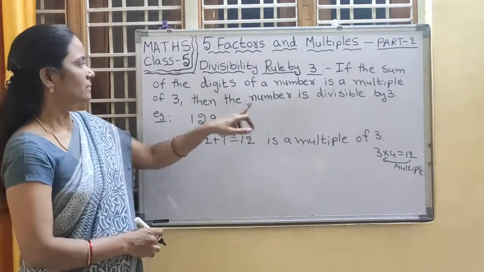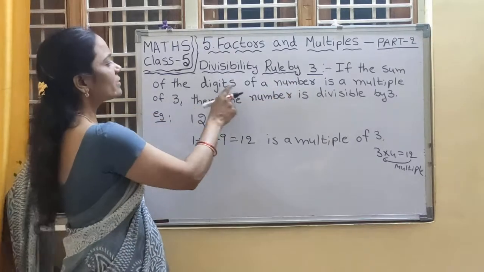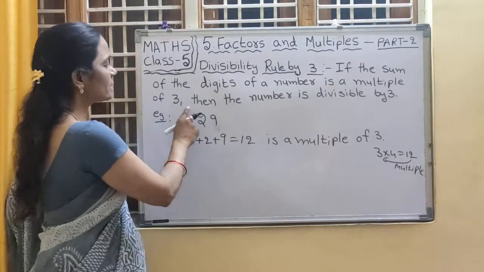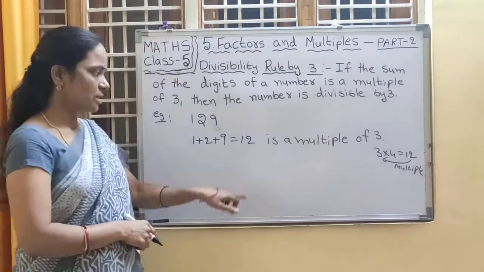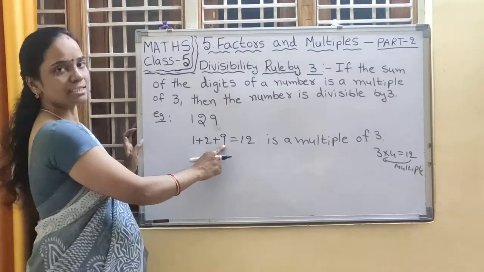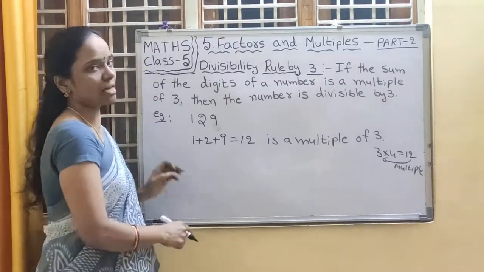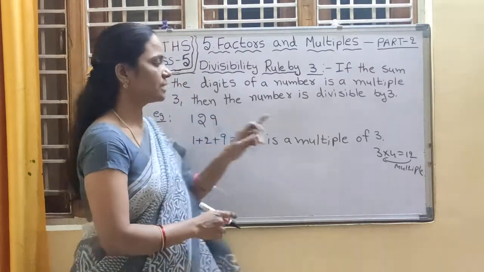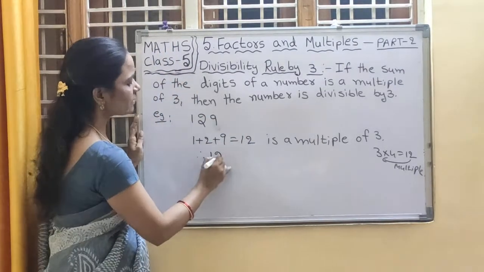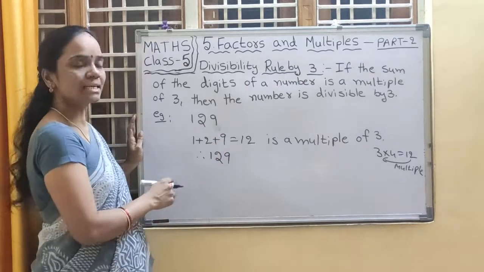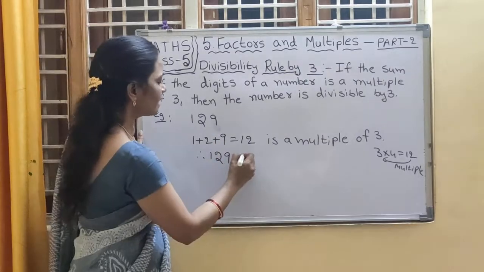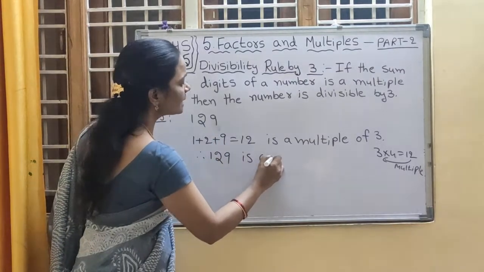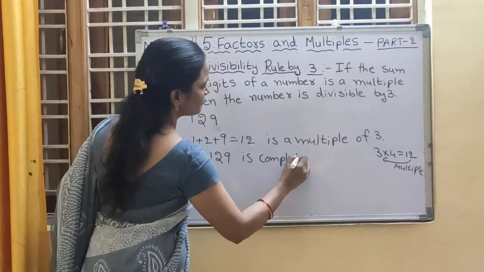So here, what is the rule? If the sum of the digits of a number is a multiple of 3, then the number is divisible by 3. So here the sum of the digits 1 plus 2 plus 9 is equal to 12. 12 is a multiple of 3. Therefore 129, the given number, is divisible by 3. So 129 is completely divisible by 3.